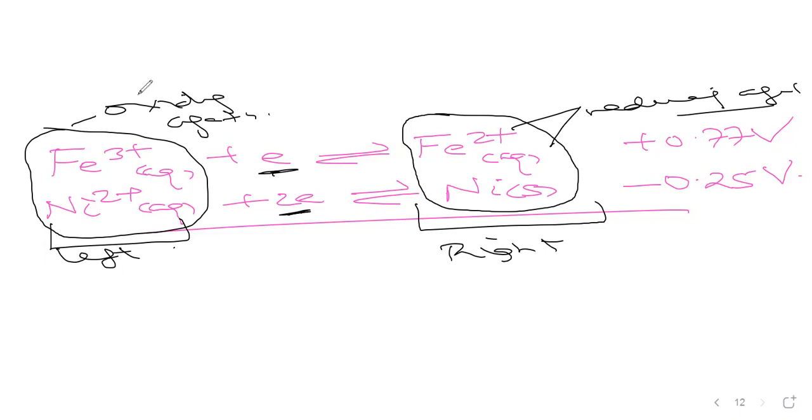Now I want us to have another clue about information we can get from electrode potentials and equations. Any species on the right for a reaction with the lower or more negative electrode potential, that species is a stronger reducing agent. Look at the two values here. Which one is more negative? This one is more negative.